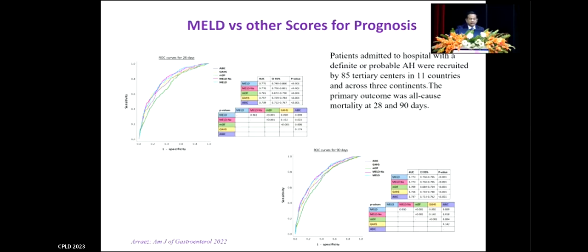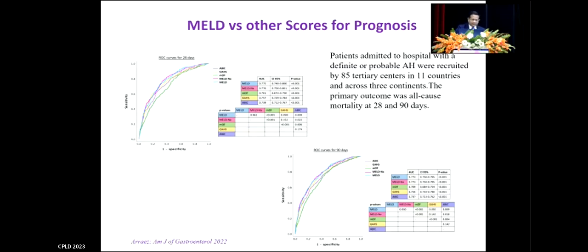The ROC curve for 28 days and for 90 days is best for the MELD score. MELD and MELD sodium were almost similar, and then come the MDF, the GAHS and the ABIC scores. So this study shows that the MELD score is probably the best score for predicting mortality in a patient with alcoholic hepatitis.